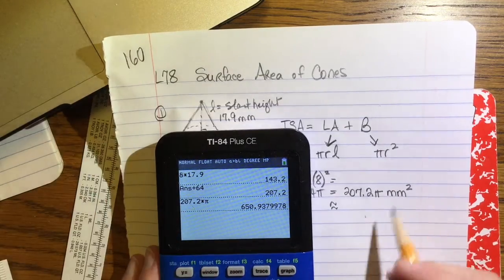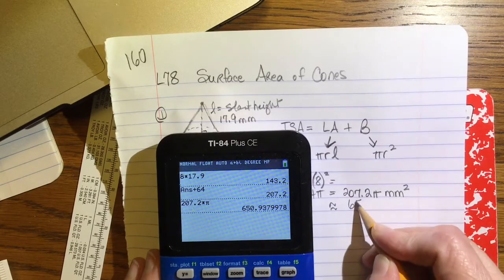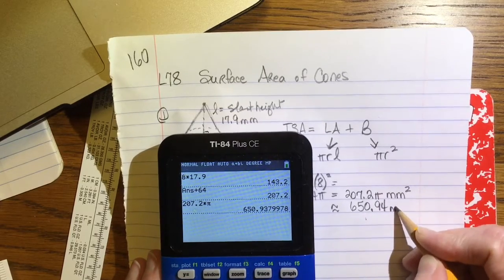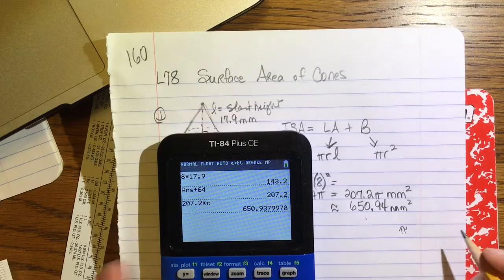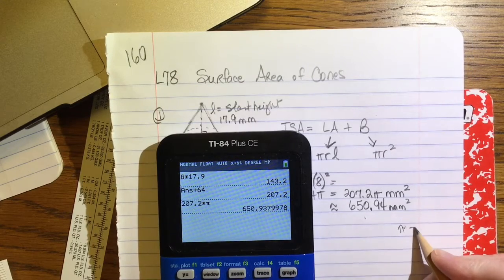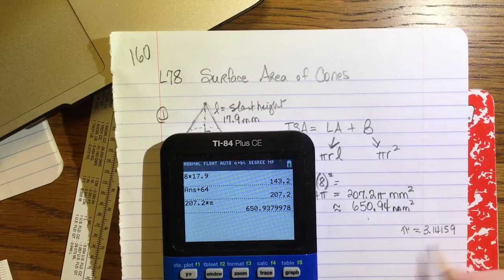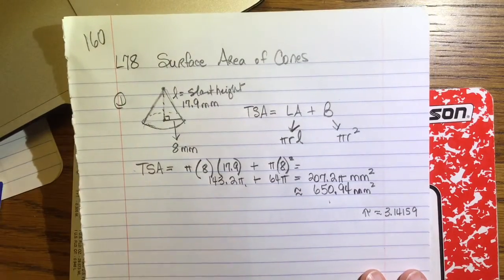And so we round to 2 decimal places. The 7 is going to make the 3 go to 4, so 650.94 square millimeters. Now remember, if you don't have a pi key on whatever calculator you're using, use 3.14159. That will make it more like the answers that you will see on your assignment.